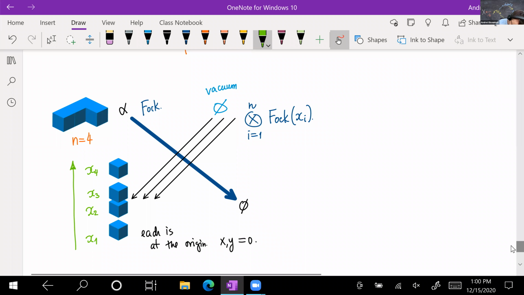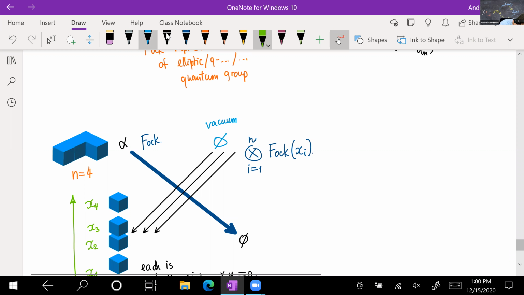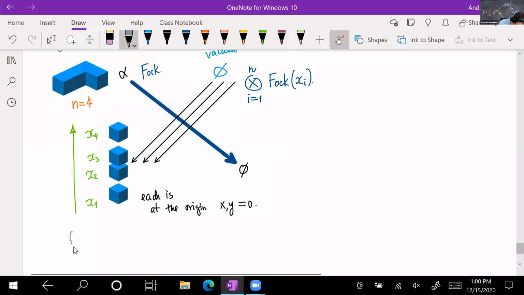If you think in terms of coordinates, here are the coordinates. Here my contents are of the form 1, maybe T1 inverse, whatever. Let's say T1. Strictly speaking, T1 inverse, but it depends on the stability condition. All right, this T1, T2 squared, this sort of thing. And here the contents are just x1, x2, x3, x4.